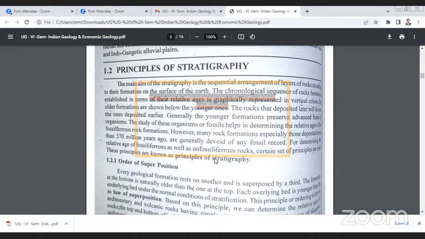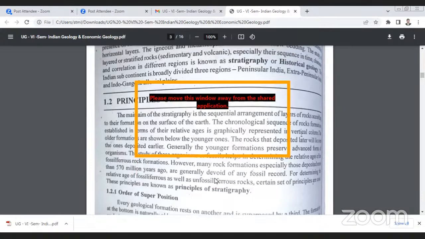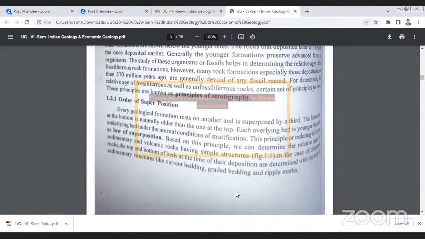For determining the relative age between fossiliferous and unfossiliferous rocks, we have to follow some principles. These are known as the principles of stratigraphy.